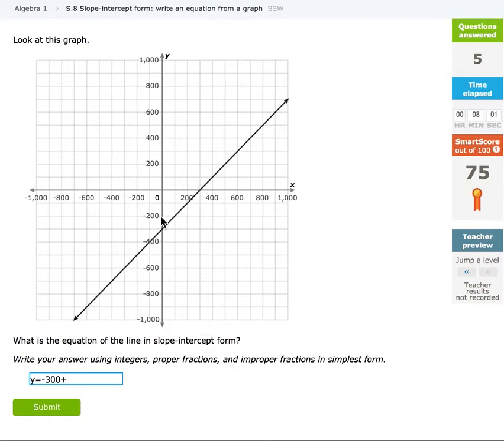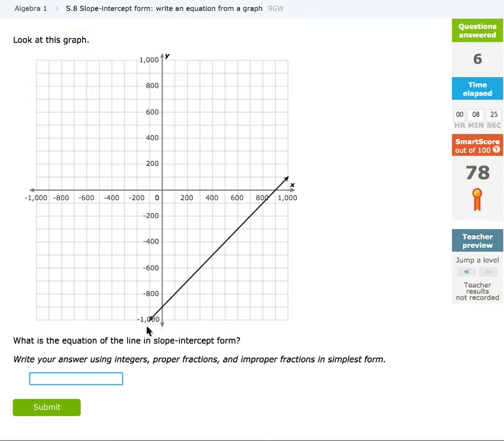We go up 100 units and then move 1 box to the right, which is another 100 units. So 100 over 100, that could be divided. So 100 divided by 100 is 1, so 1x. Or again, you can just not put the 1 because that is implied when you type plus x and submit.